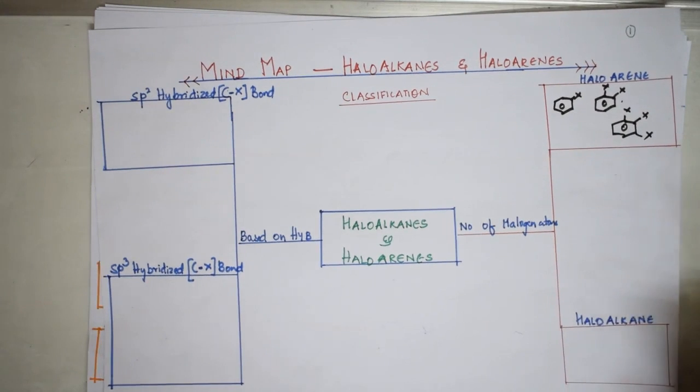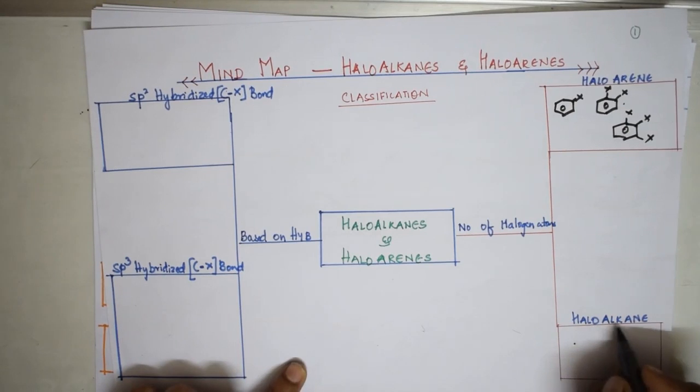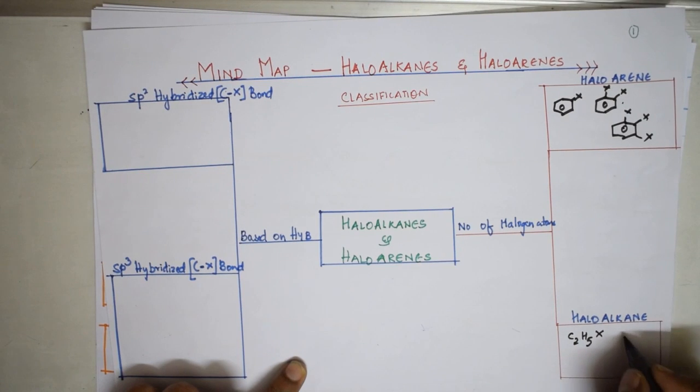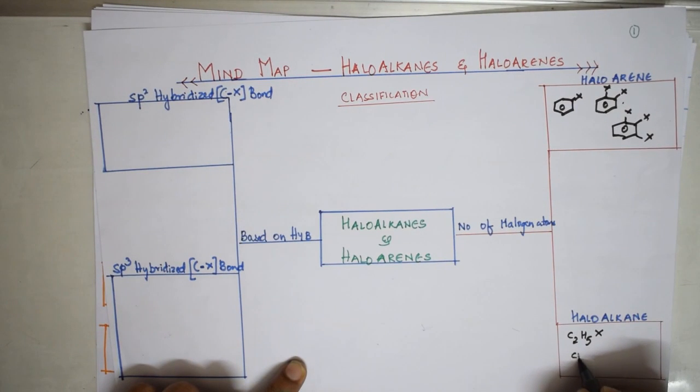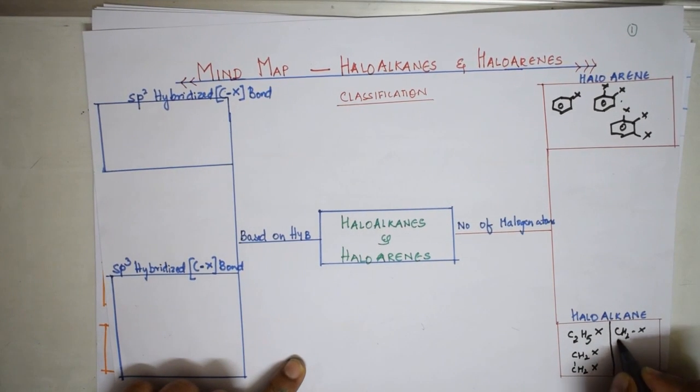Suppose I have to write the same thing for haloalkanes. Now see, alkane C2H5, I'm going to take and add one halogen to this. Done. Next, second type, I'm going to take CH2X, CH2X, and add two halogens to this. Then CH2X, CH2X and CH2X.